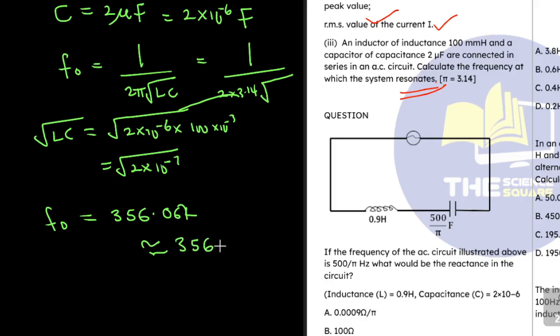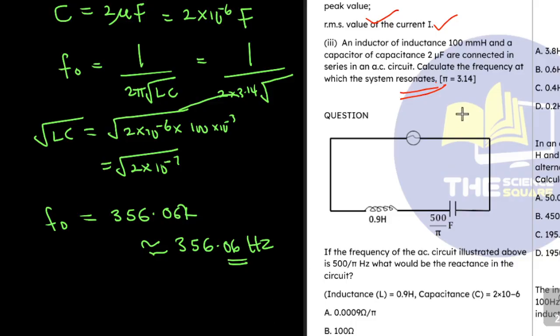Let's just say 356.06 hertz as our resonance frequency. So you can also double check and be sure that is what you also get upon computing. It's as easy as it has been done.